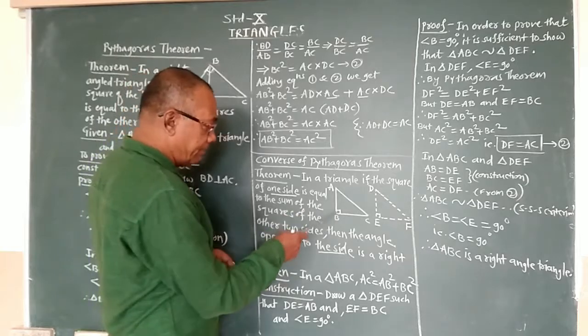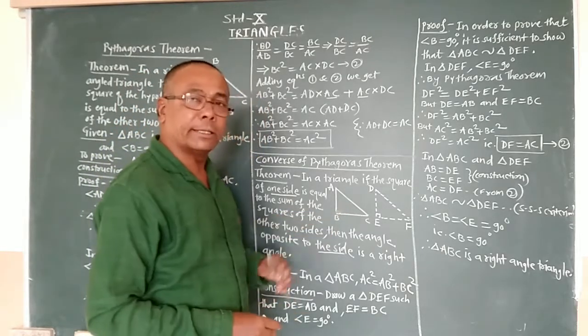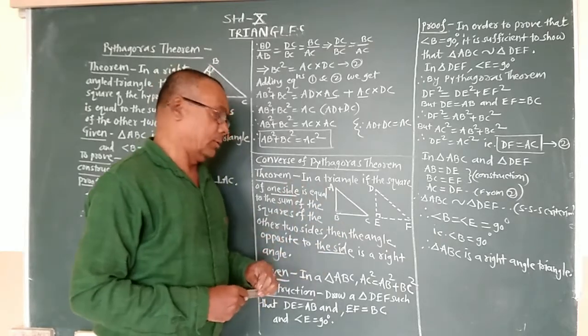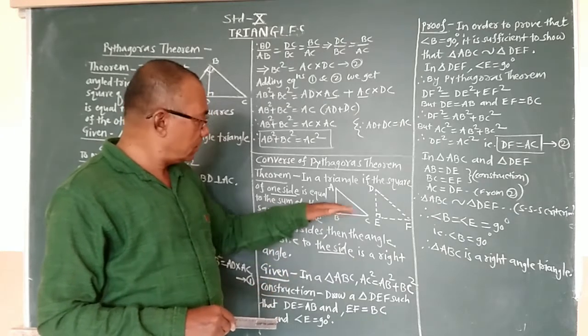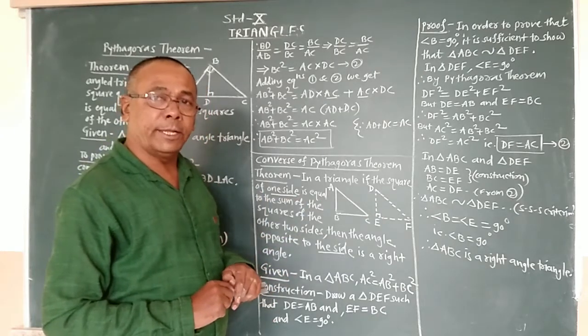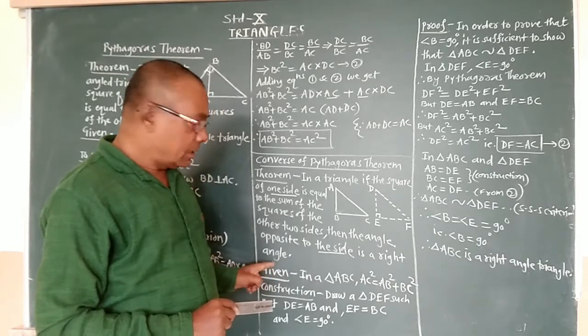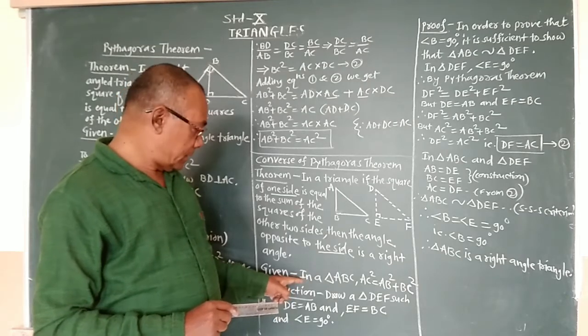Here ABC is a triangle, any triangle that is not a right angle triangle, and we have a construction. Before explaining the construction, we will write the given, which is the explanation of the figure.